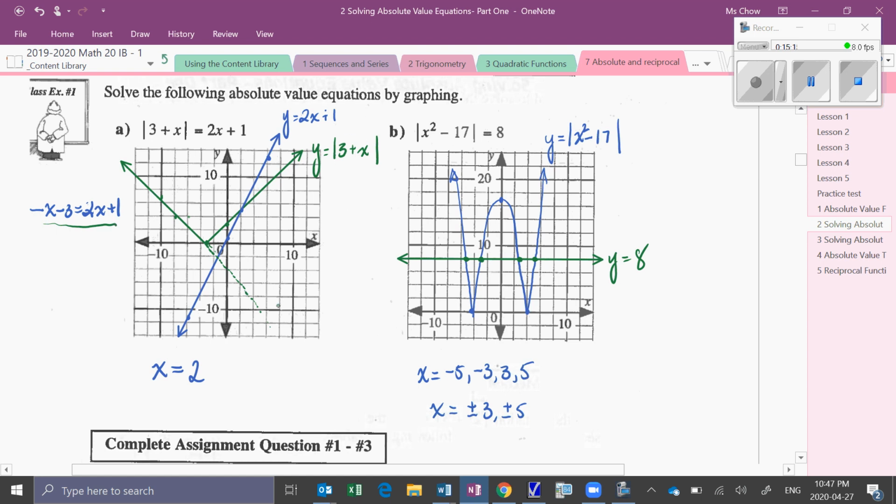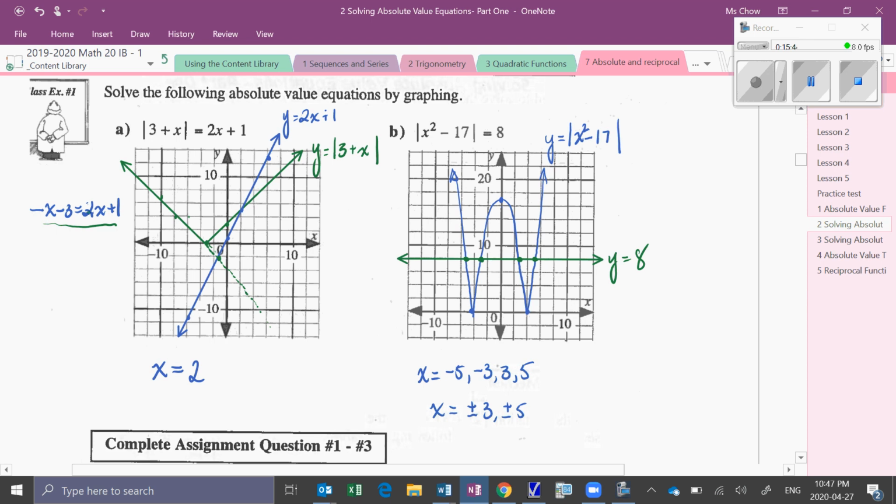It's simply, hey, the line -x minus 3 that goes continuously in both directions, and the line of 2x plus 1 that goes continuously in both directions. Here is that intersection point, and that is -4/3.